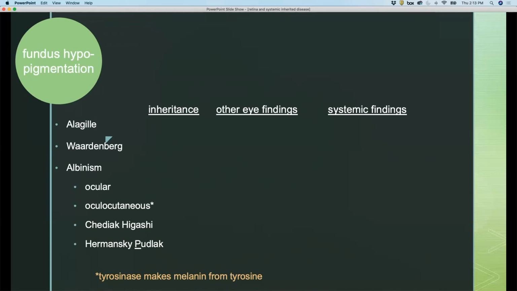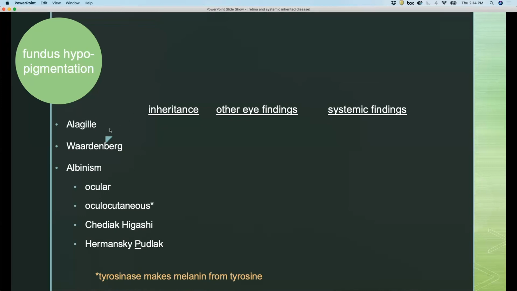Both of them can have bleeding issues, but Chediak-Higashi has more of a susceptibility to infections. And in Hermansky-Pudlak, the platelet problems and bleeding problems are more prominent. There's another thing in Hermansky-Pudlak that starts with P that you might want to remember. It's pulmonary fibrosis. Oh yeah, pulmonary fibrosis. And then they have colitis, which doesn't start with a P. But anyway, what are you going to do?